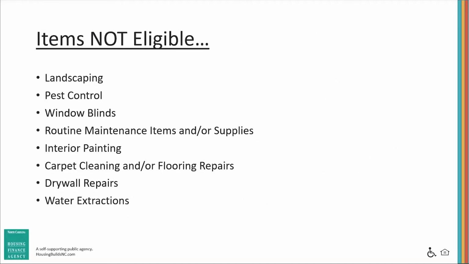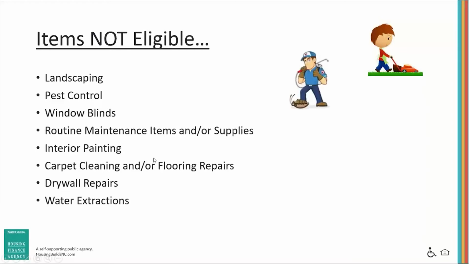There are some items that are not eligible for replacement reserve withdrawals, and these are our most common that we see. Landscaping, that includes tree removal, mulch, flowers. Any landscaping is not eligible. Pest control, bed bugs, termite treatments, your quarterly pest inspections, those are all not eligible items.